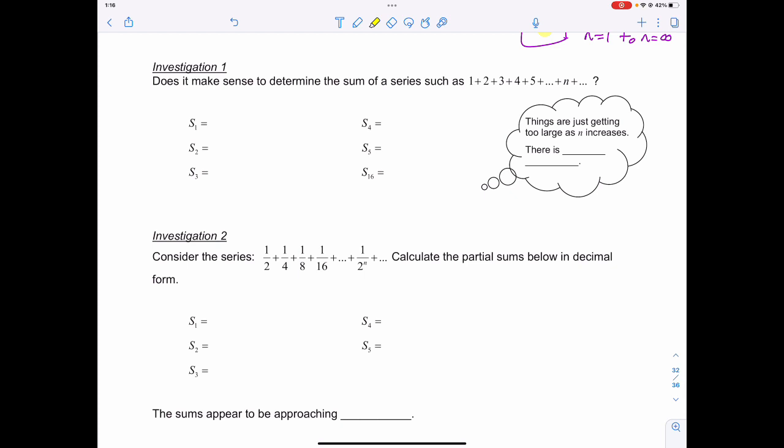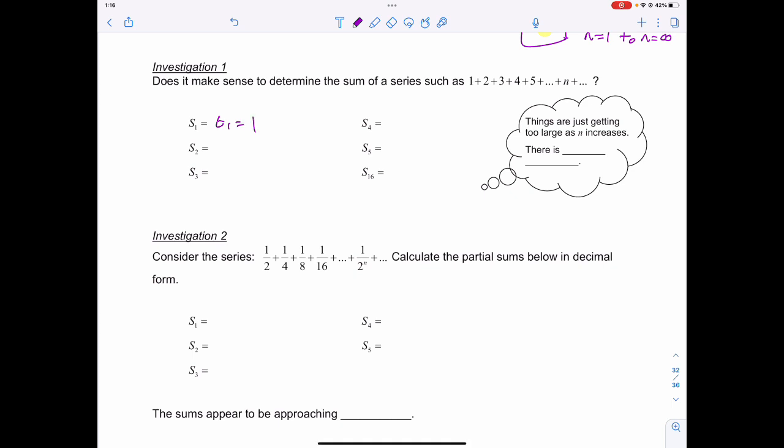So for the first investigation, it says, does it make sense to determine the sum of a series such as 1 plus 2 plus 3 plus 4 plus 5 plus whatever going on to infinity? And so we can take a look at the partial sums. The sum of the first term is literally just what the first term is. So it's just going to be 1.